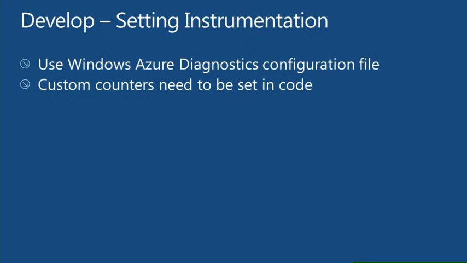Basically what that is, it's an XML file that you deploy along with your app that defines what you want to collect and how often you want to collect it. And by doing it there, it'll be pushed out to all your instances, no matter if they get flattened or not. So there's no changes there. It's in a file, so it's not being done in code, so you can share it across multiple applications. It's a lot easier to test, and we'll talk about the testing, because you'll want to test to make sure the diagnostics is working as expected.